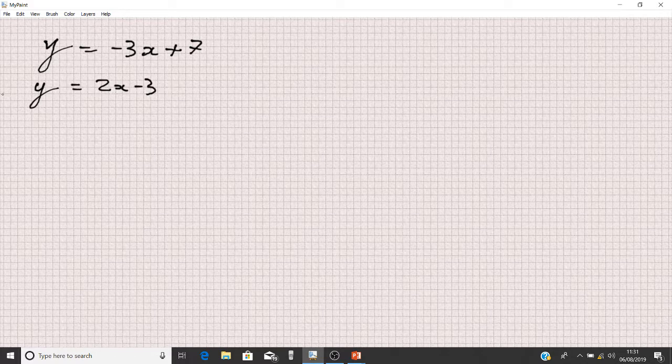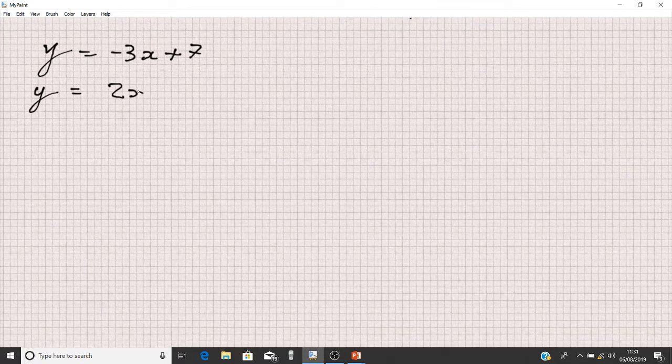So at the point of intersection, the value of y for both of these is the same. So we set these values of y equal to each other, minus 3x plus 7 equals 2x minus 3.